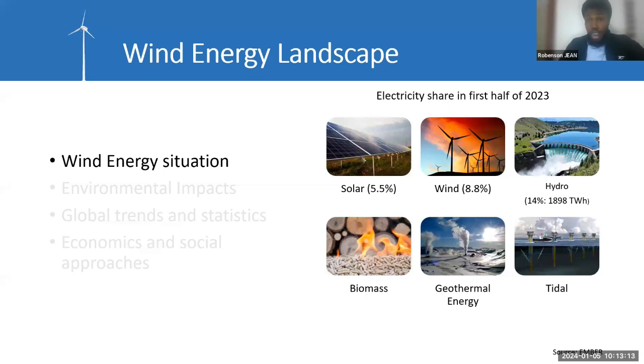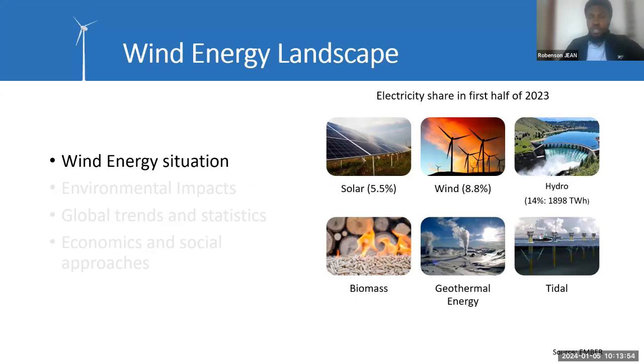Up to the first half of 2023, we have a record for wind and solar. It is the first time that wind and solar together reach around 14% of the electricity share in the world. And it is a record for wind to reach 8.8%, because in past years the contribution of wind was less than 8%.